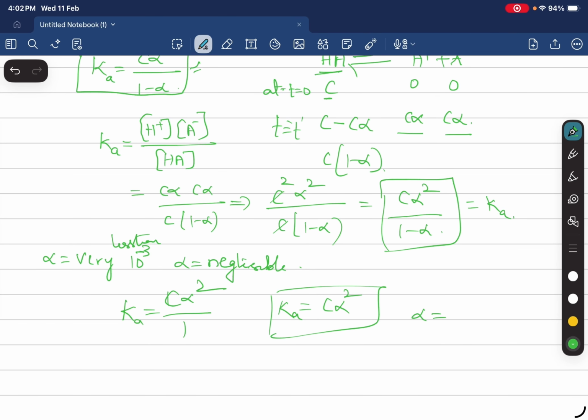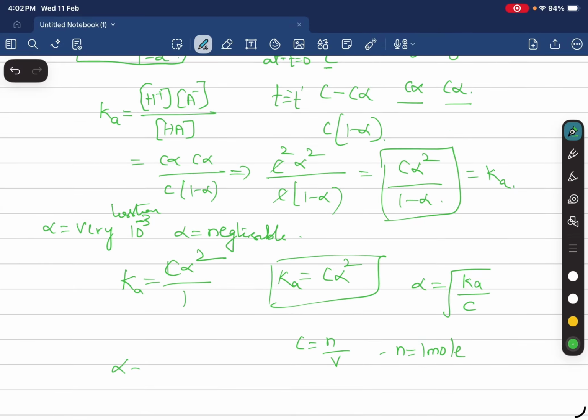If you want alpha, it is under root Ka by C. Here C is nothing but n by V. If you take n as 1 mole, then alpha equals under root Ka into V.